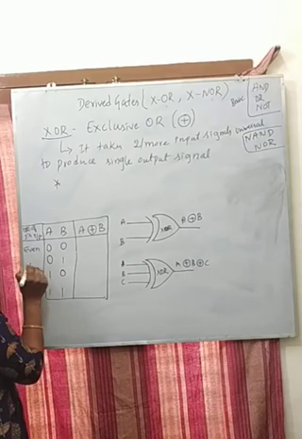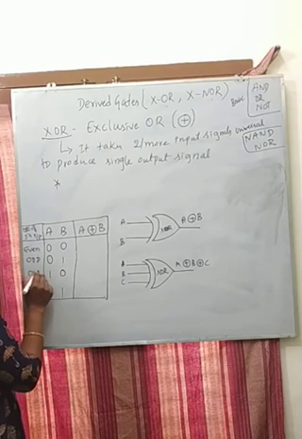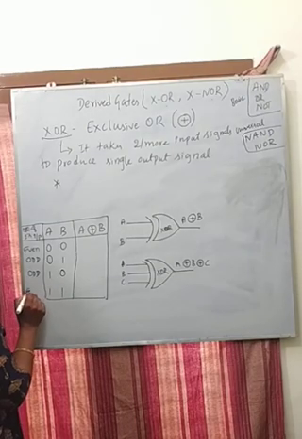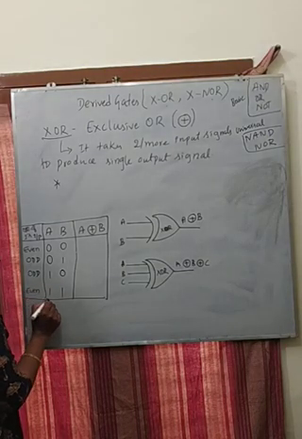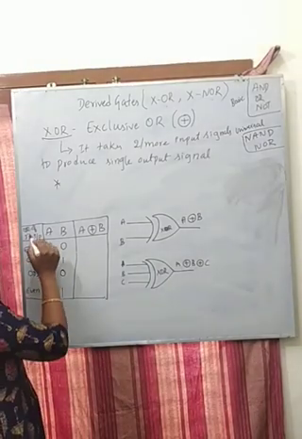Here 1 is there, this is odd. Here also odd. Here 2 ones are there, that is even. The output always depends on the number of ones in the input.